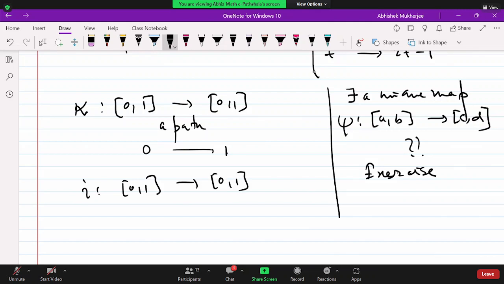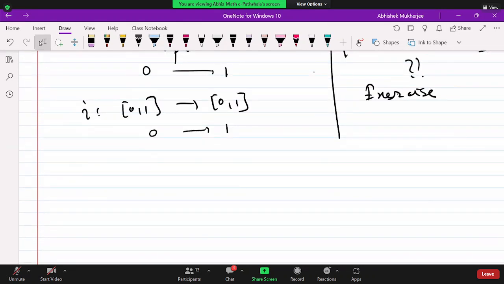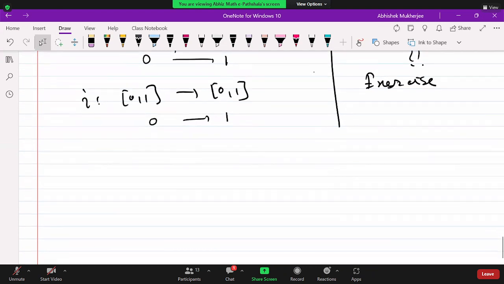So it is again a path from 0 to 1. So you have two paths, one is K, another one is I. And since that is a very nice space, a convex space, you can always have a straight line homotopy there. So you can use this to make these two paths path homotopic.